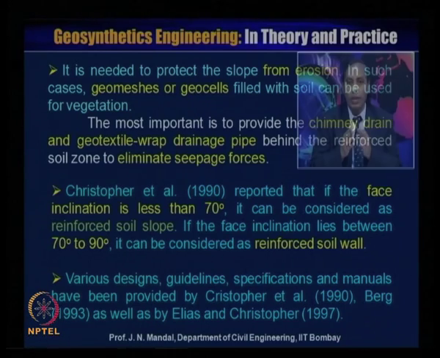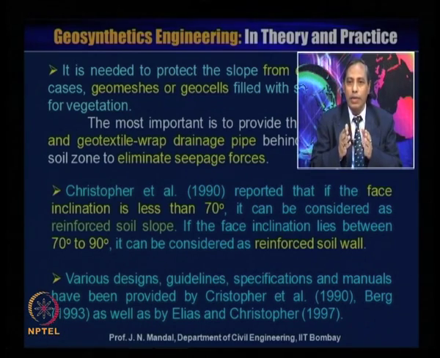It is also very important, as in the case of the reinforced soil retaining wall, you have to provide drainage at the back of the geogrid reinforced soil retaining wall. Similarly, in the case of the reinforced soil slope, you should also provide proper drainage behind the reinforced soil zone, and that will eliminate the seepage forces.